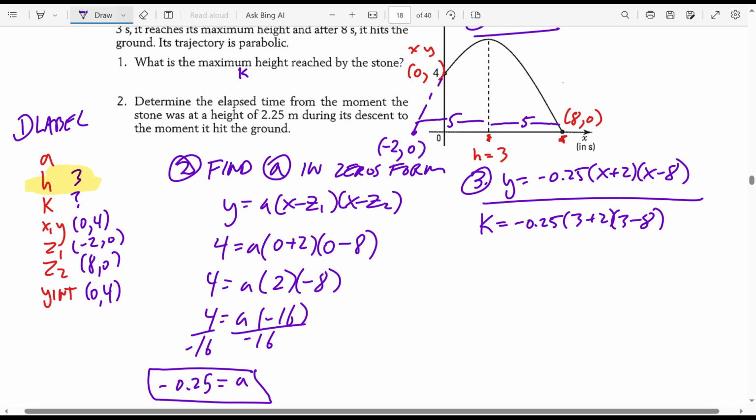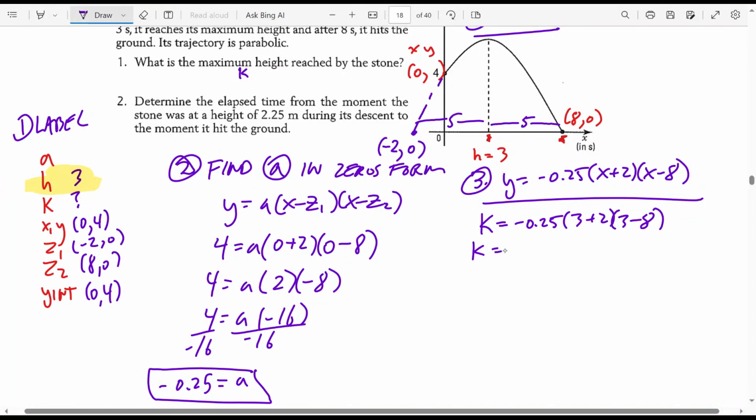But because step one is asking for the max height, and I already have my h, I didn't even need z1 plus z2 divided by 2 to get it. Why not just find k? As soon as I get k, I will have h and k, so I'll have it in vertex form.